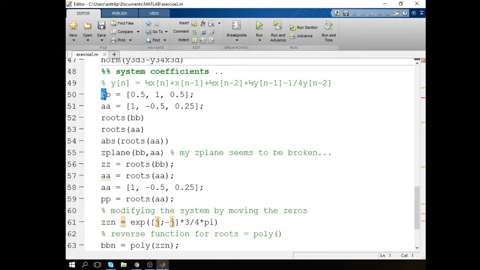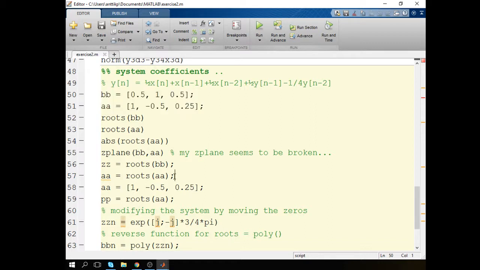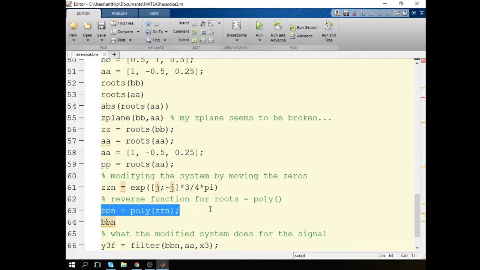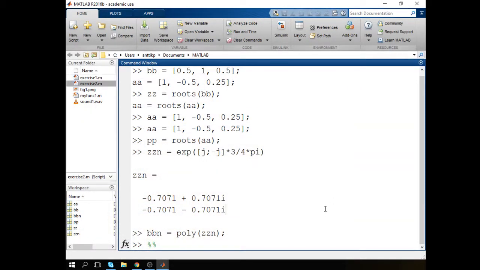Hey, here I have a nice system. I can evaluate those and roots. Modify that one. Okay, now I have my system, I hope. Oh, there we go. So I just actually evaluated.